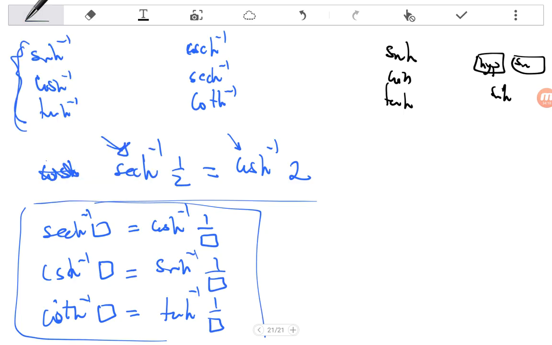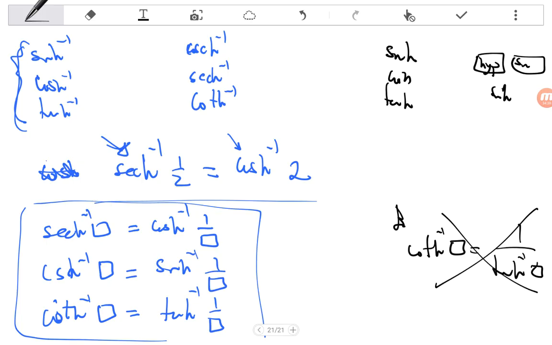Remember a common mistake, to say that coth inverse of something is 1 over tanh inverse. No, this is a wrong statement. In an MCQ, you may find it inside the choices, so don't make that mistake. This is not a correct answer for our case.